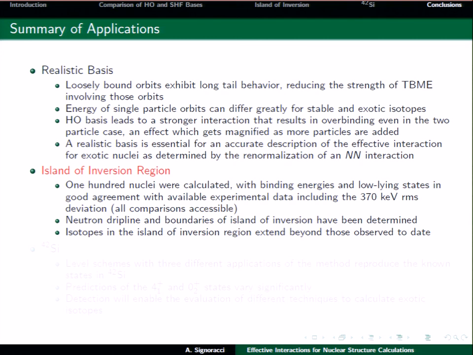And this harmonic oscillator basis, if it's used, results in a stronger interaction and therefore in overbinding as we do calculations. So it's important to use a realistic basis, and when we do calculations in the island of inversion region, a very exotic region of the nuclear chart, with an interaction derived from a realistic basis, we see that we can agree relatively well with available experimental data.